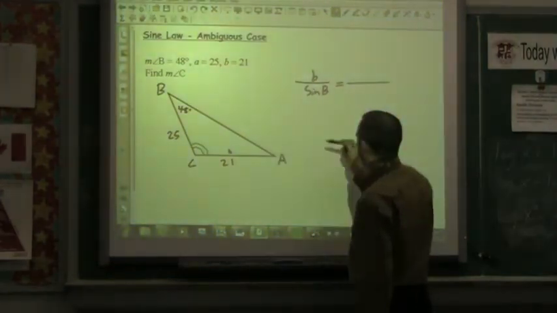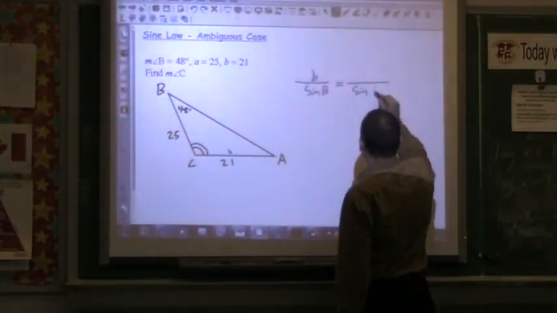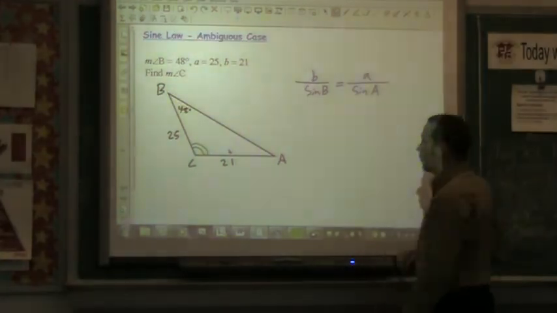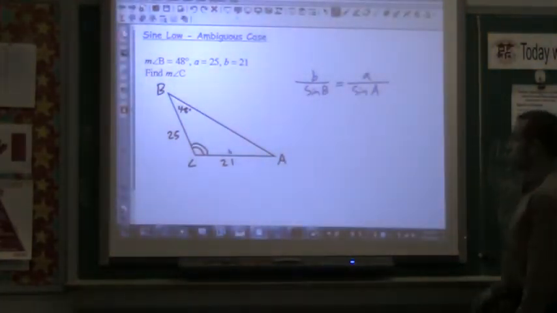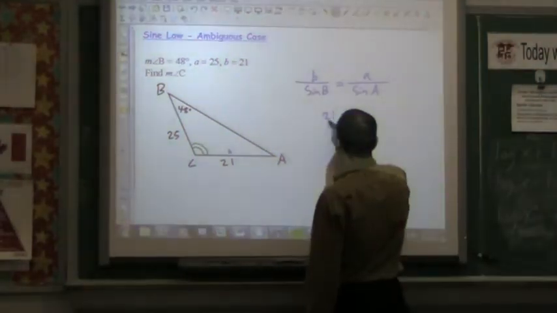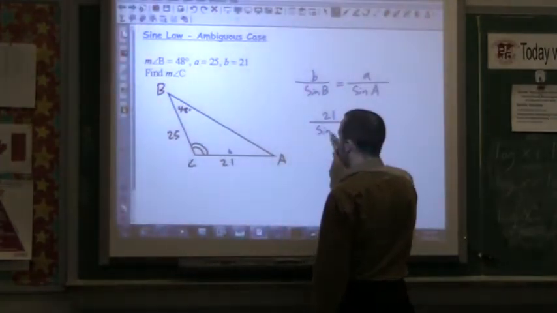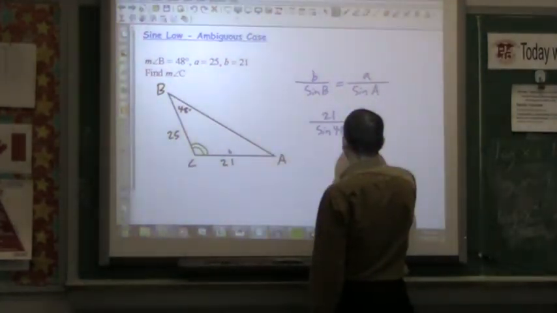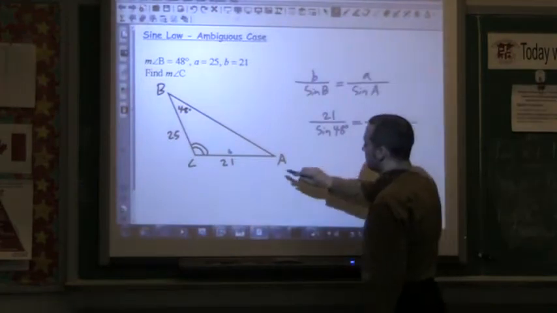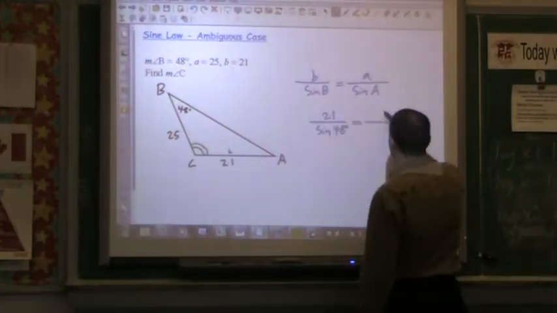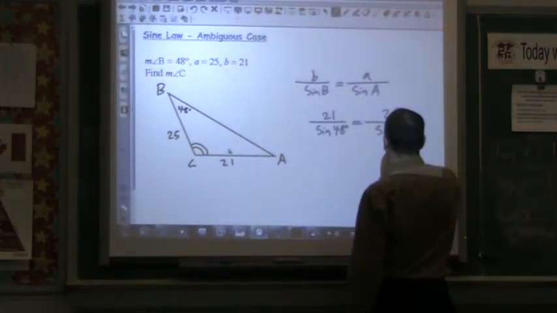I'm going to solve for angle A. So there's the other ratio. So we fill it in. B is 21 over the sine of B, which is 48 degrees, is equal to A. So my side of A is 25 over the sine of A.